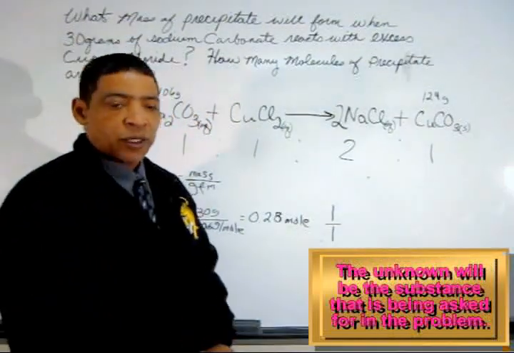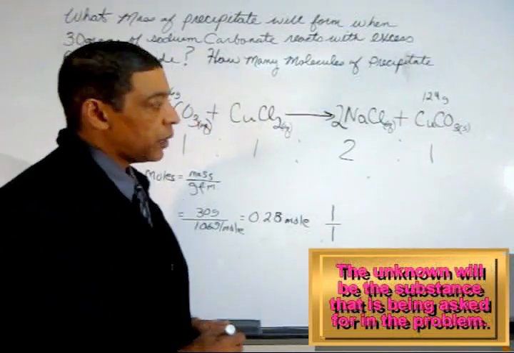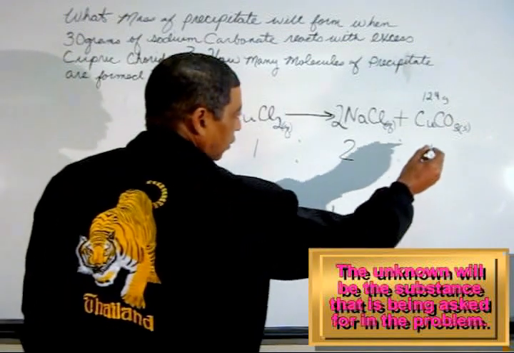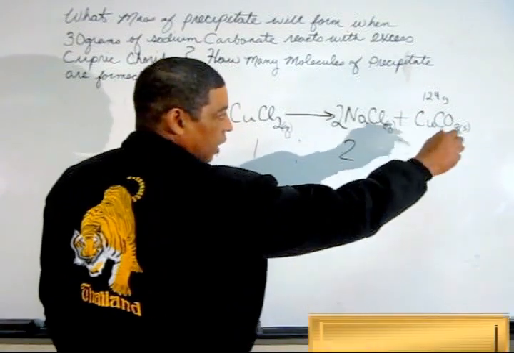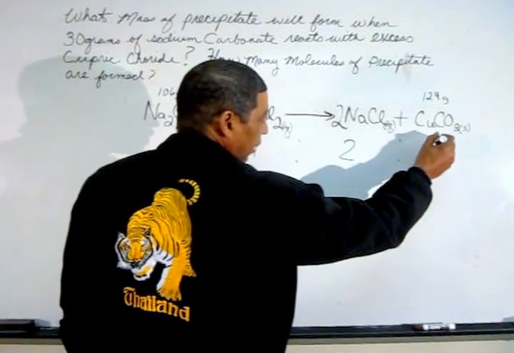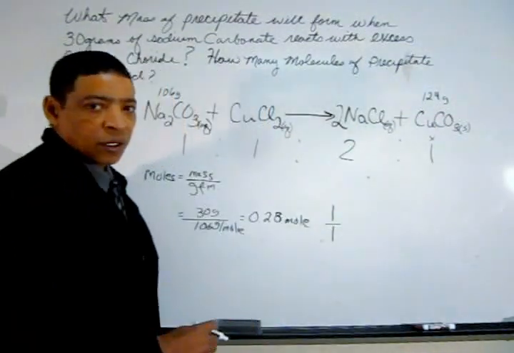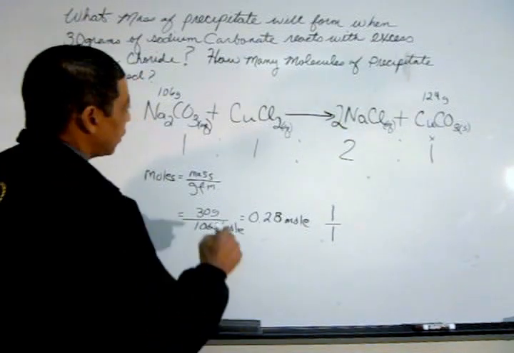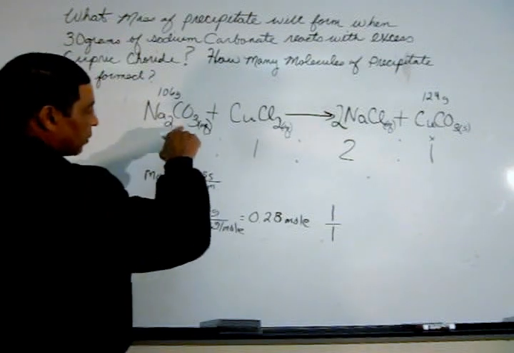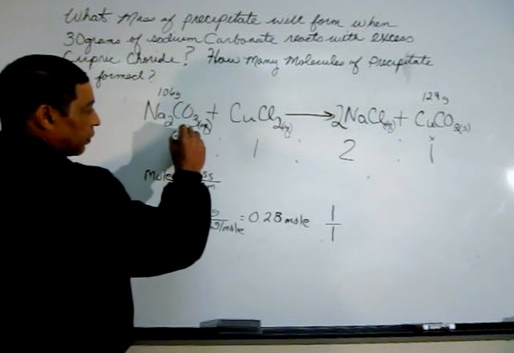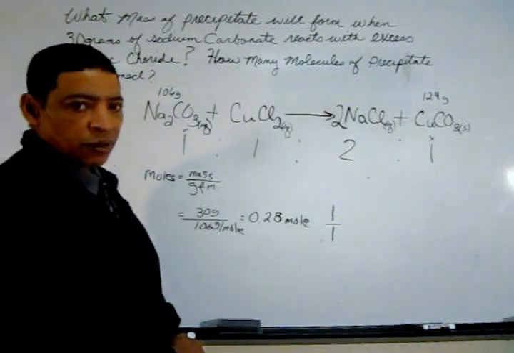In general, when creating a fraction, it will be the coefficient of the unknown substance, in this case copper(II) carbonate, so we'll just write an X here because it is unknown, divided by the coefficient of the known substance. In this case, the known substance is the sodium carbonate, so let's place a check over that number.